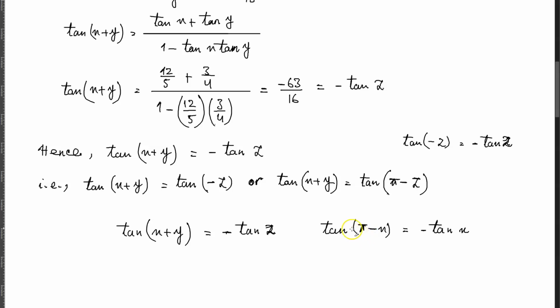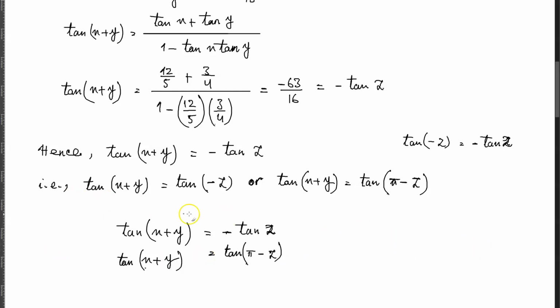Which means that instead of writing negative tan of z, I can write tan of pi minus z. So tan of x plus y is equal to tan of pi minus z, right?